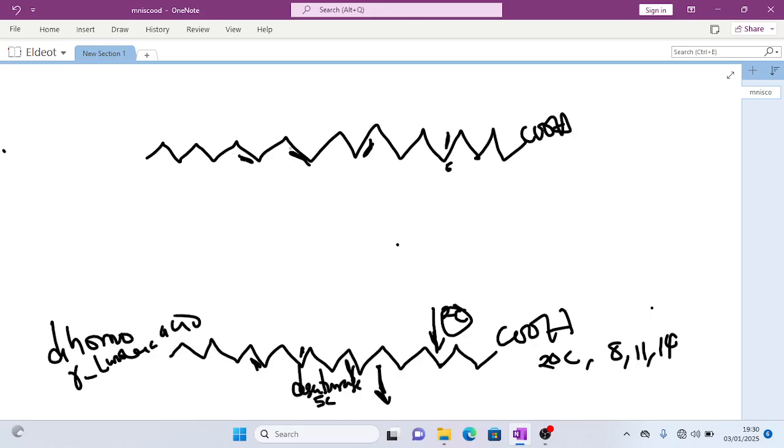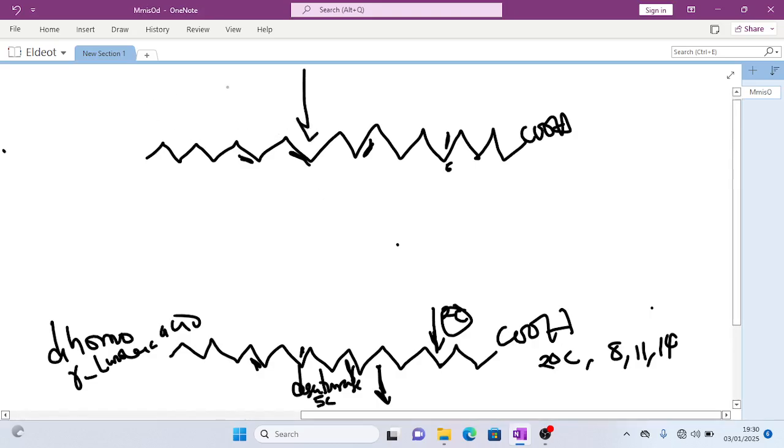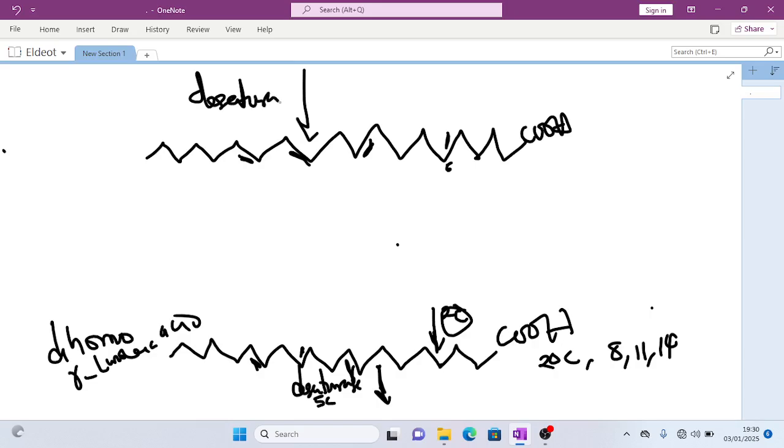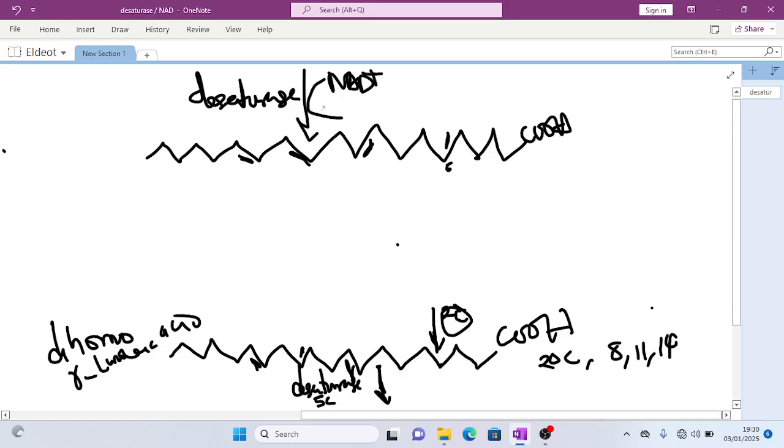So the enzyme catalyzing this reaction is the desaturase enzyme. And of course, it's employing the use of NAD to abstract 2 protons, one in the formation of NADH, and then one free proton will be released.